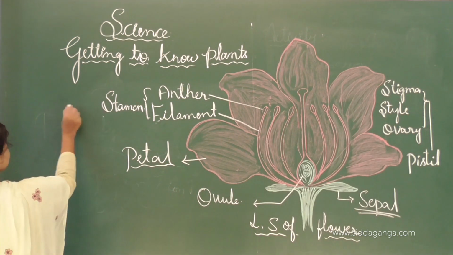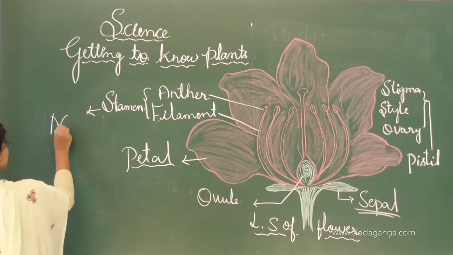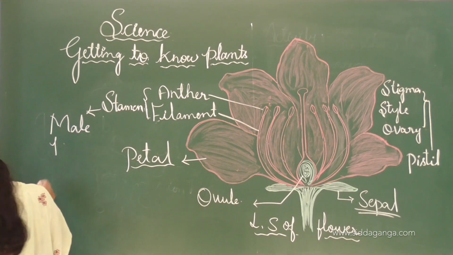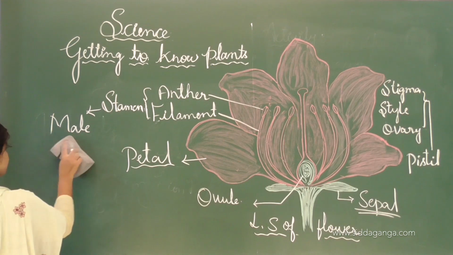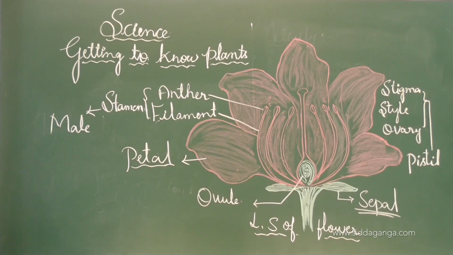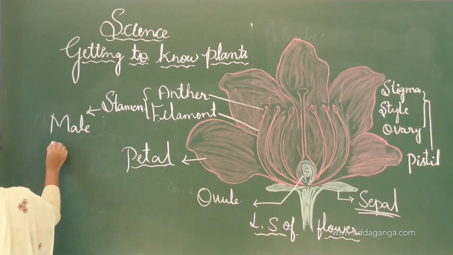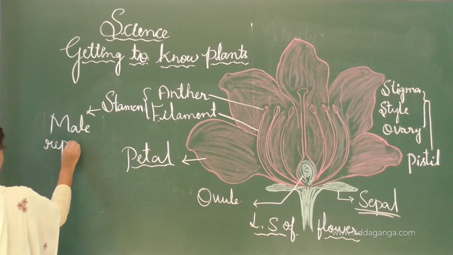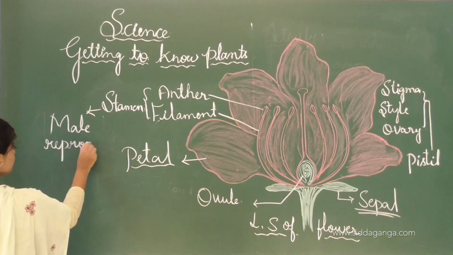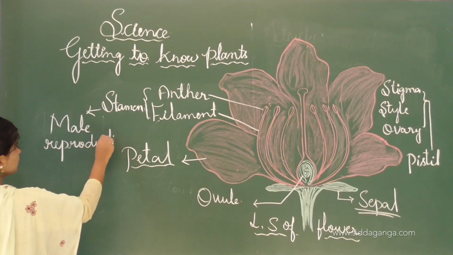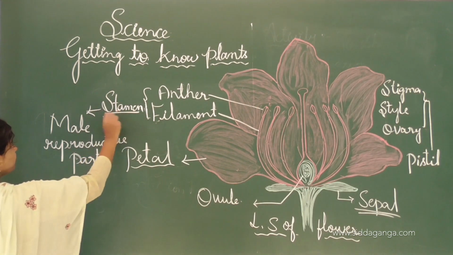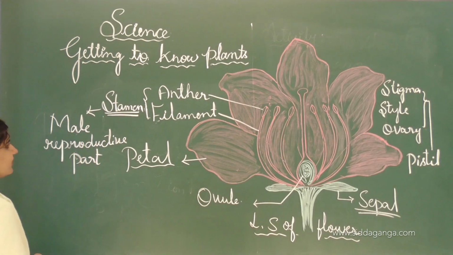Stamen is the male reproductive part of a flower.